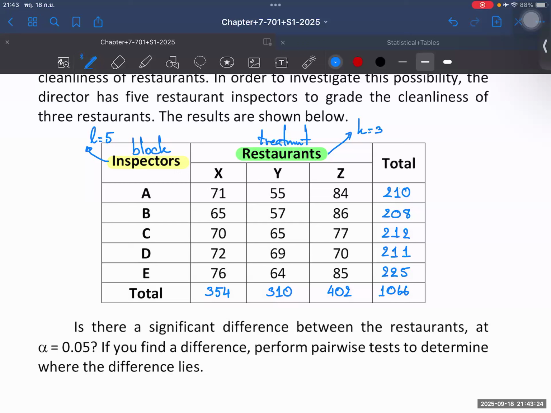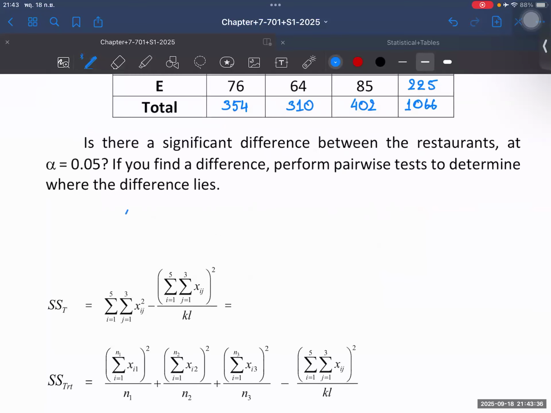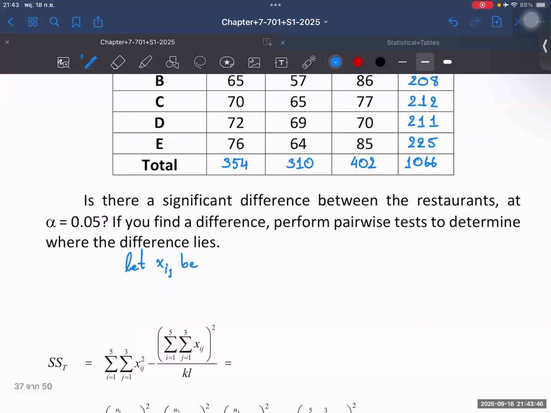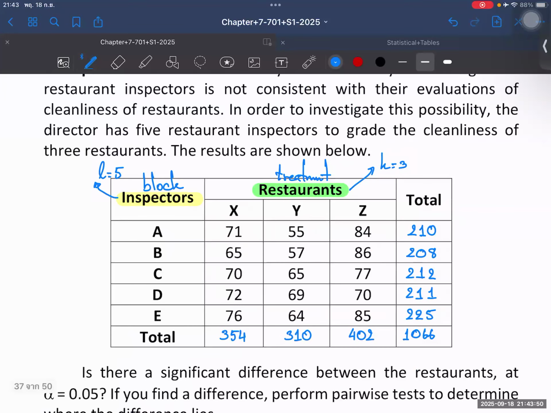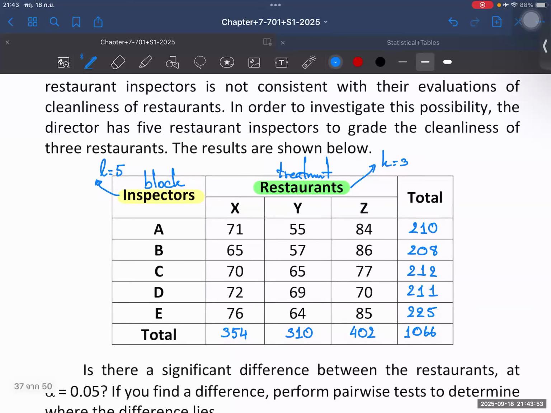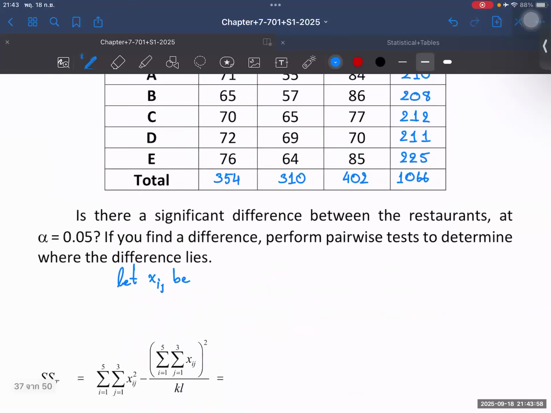Now we go back to identify. Let Xij be the score, the cleanliness score.